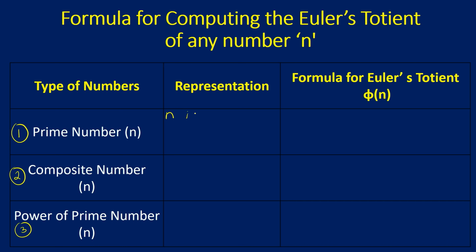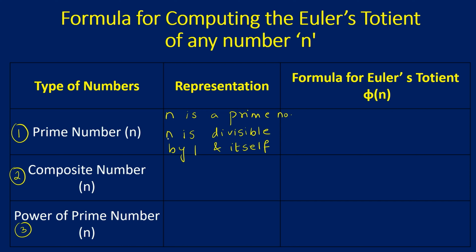If n is a prime number. Now, what is a prime number? I have covered it in detail in my previous video. However, I'll quickly discuss it here as well. So, n is prime if it is divisible by two numbers, by 1 and by itself. So, divisible means when you divide n by any number, your remainder should be 0, or you should not get any fractional number.